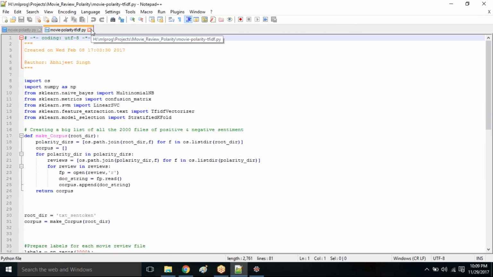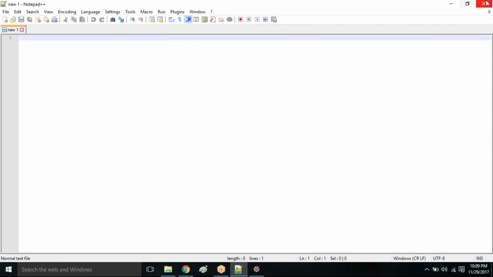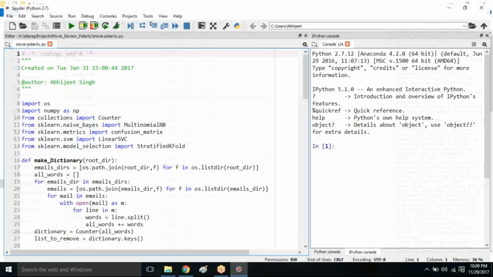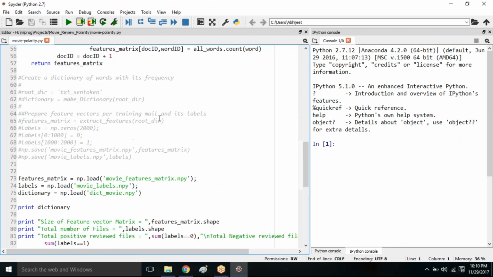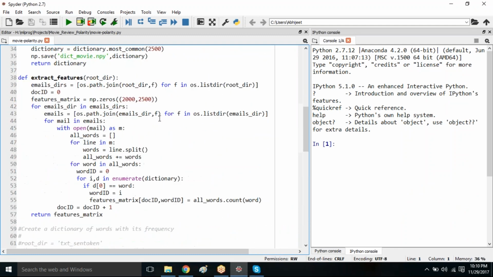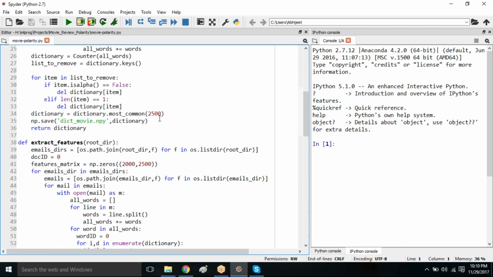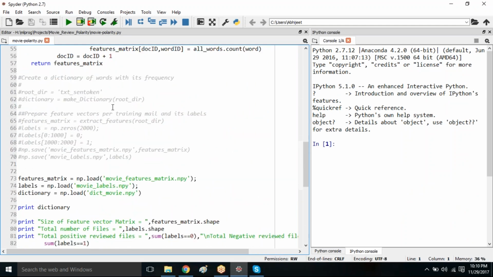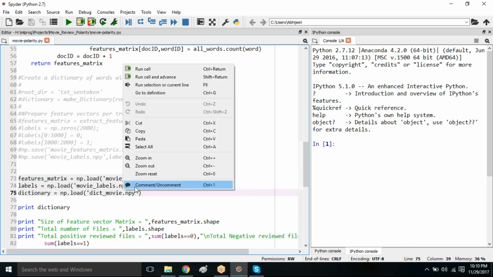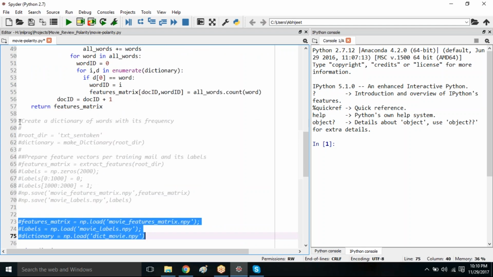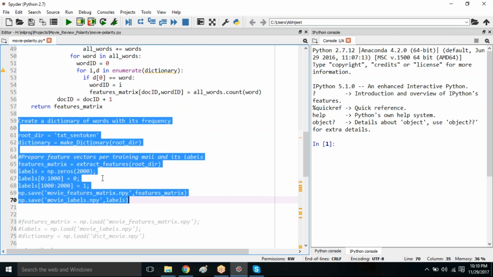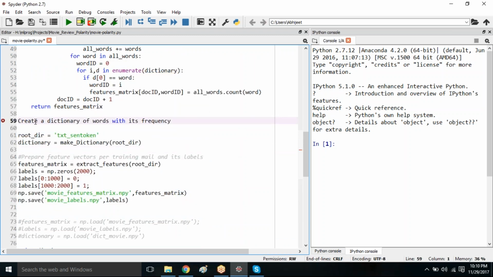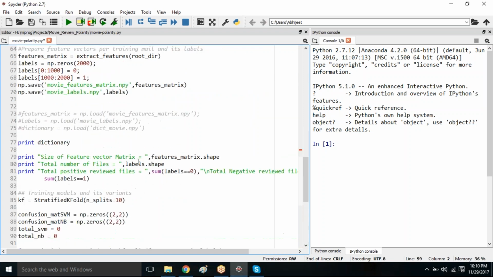Now we will see how in Python they have tried to do it. See, this is the code. I just uncommented some code and commented something.